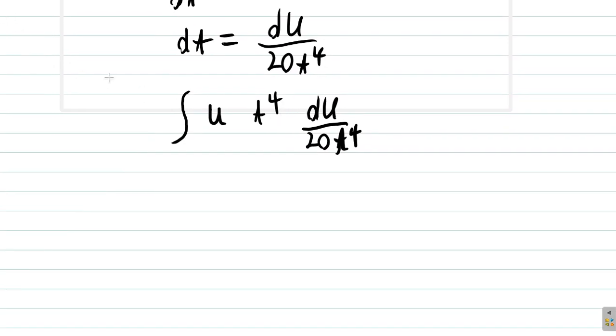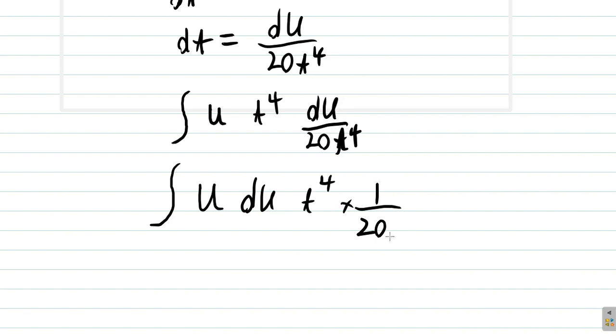So now, let me rewrite this. The integral of u, I put du here, times t to the 4 times this would be 1 over 20 t to the 4. But the t to the 4, let me just put it under here. T to the 4. So you can see t to the 4 over t to the 4 is 1.